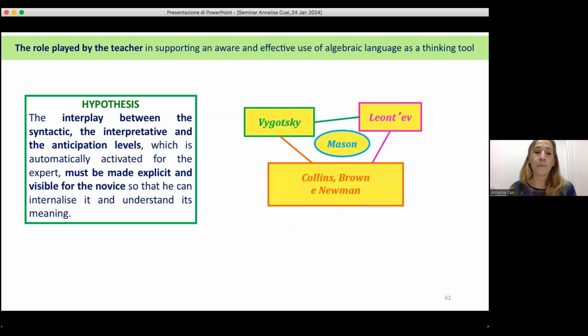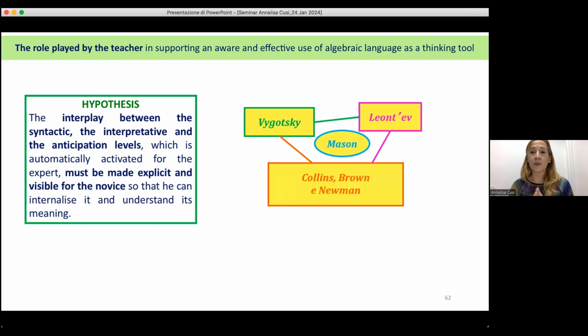In this frame, the hypothesis that guided the analysis and the research was that the interplay between all the components that intervene in the development of thinking processes through the use of algebraic language, which is activated automatically by an expert, is not automatic for a novice.